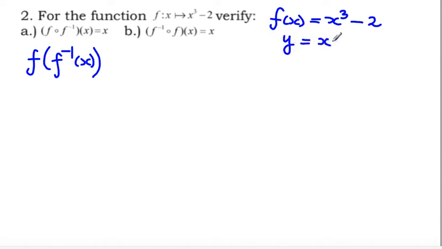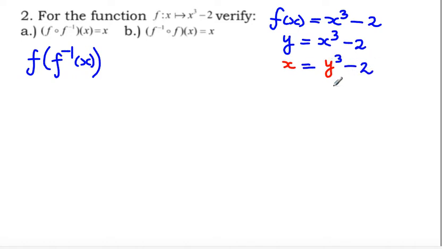I first write down y is equal to x cubed minus 2, which is the equation or formula of function f. And then of course you will remember the first step to find the inverse of function f is just swapping the position of x and y. So in this case I will have x equals y cubed minus 2.